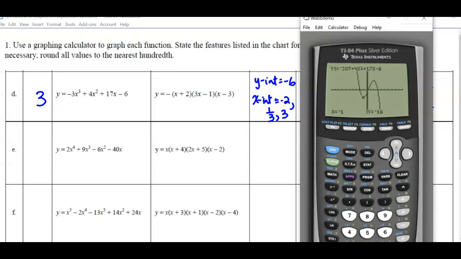Because it's all real numbers. So remember, that's why we have the words relative minimum and relative maximum. And that's going to be important when you get to calculus too, because you're going to learn how to find those minimums and maximums without a calculator. Remember, you don't have a graphing calculator next semester.